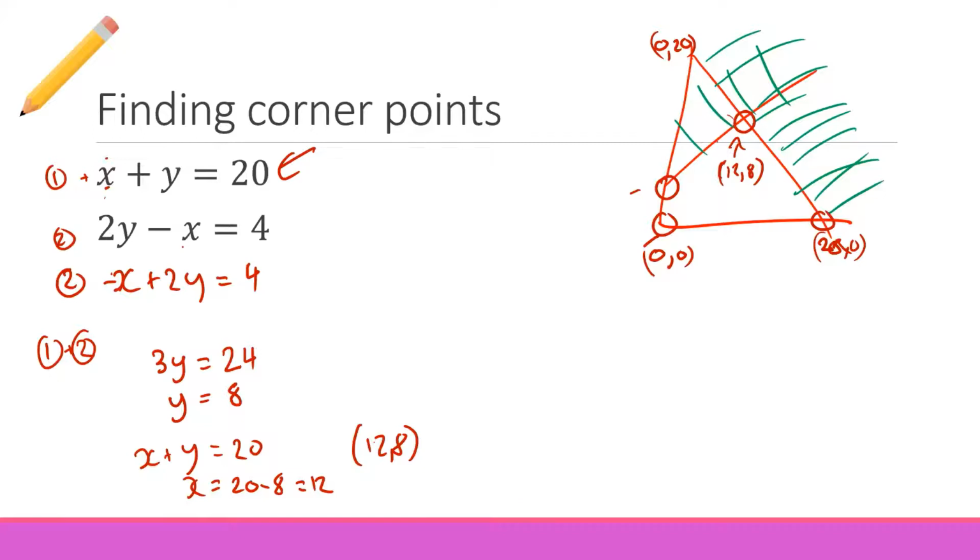Now, the other one, of course, is going to be 2y equals 4 plus x, and then y equals 2 plus x on 2. So therefore that one here is going to be 0, 2.